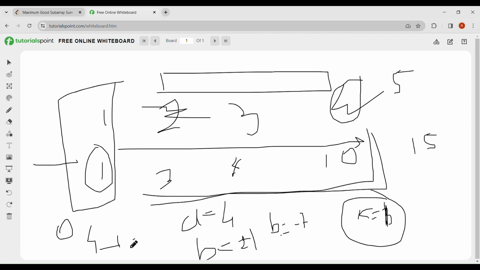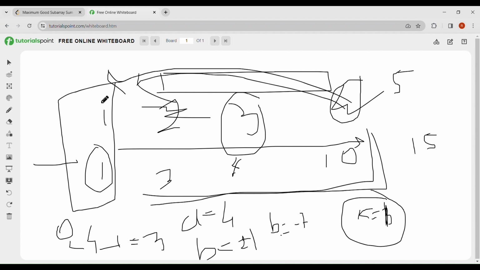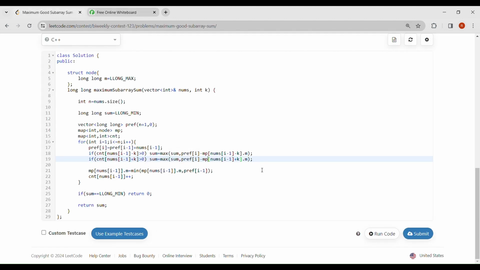I will check whether 3 is there, or whether 5 is there. Previously, does any 3 exist? Yes, 3 exists. Does any 5 exist? Sorry, previously there is no 5, so we don't need to take that case of 5 into consideration. We take consideration of only 3.